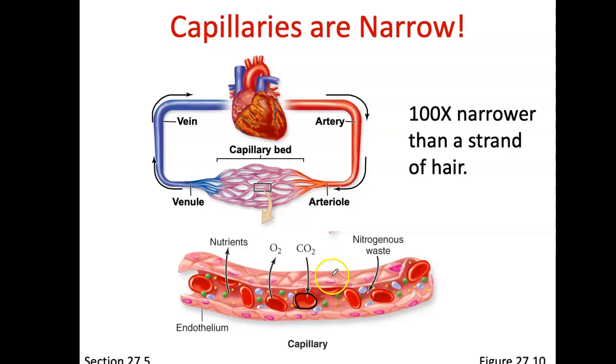It just has one single cell endothelium here because you want oxygen to be able to cross that membrane easily. And if you had 20 layers of muscle cells, that would be quite impossible. You want to be able to pick up waste also. So very thin, one cell thick layer within the capillary.